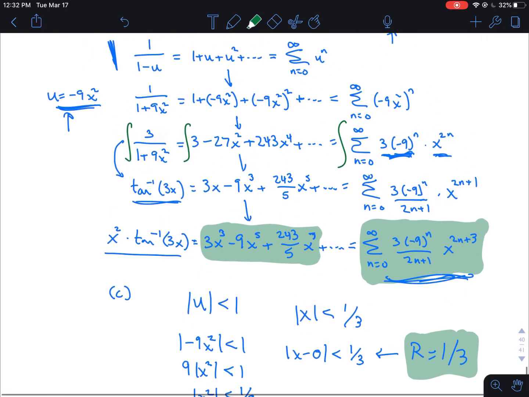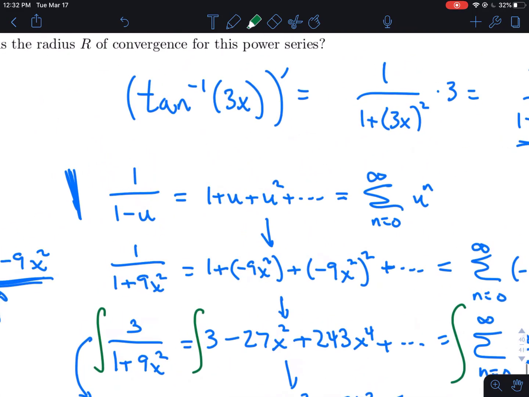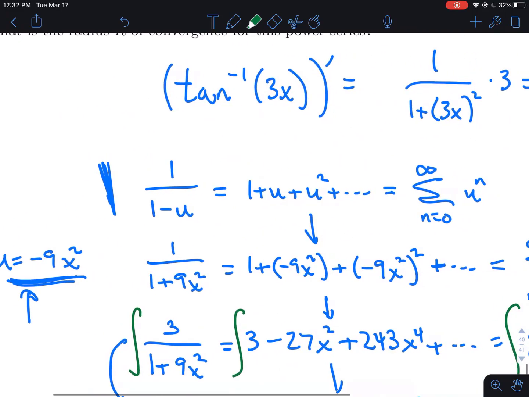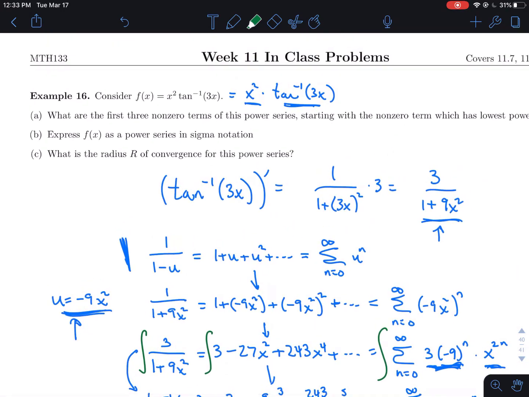All right, so as I promised at the beginning, we can get quite a bit of mileage out of just knowing that the power series for 1 over 1 minus u is 1 plus u plus u squared, and so on and so forth. So all the problems in this section are of this format. But there are certainly a number of functions out there that no matter how hard you try, you can't write in this form, 1 over 1 minus u.